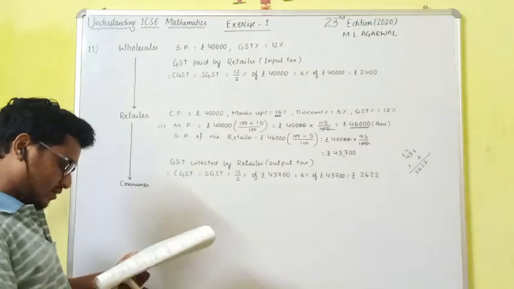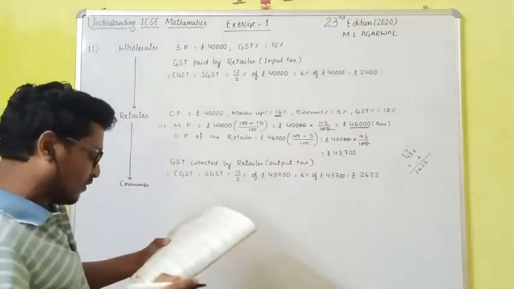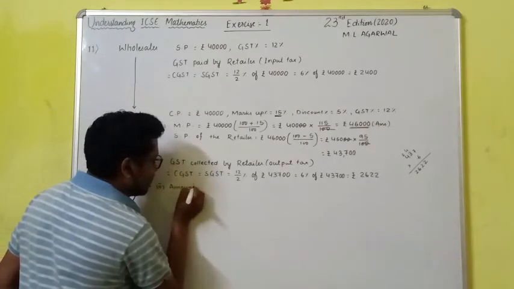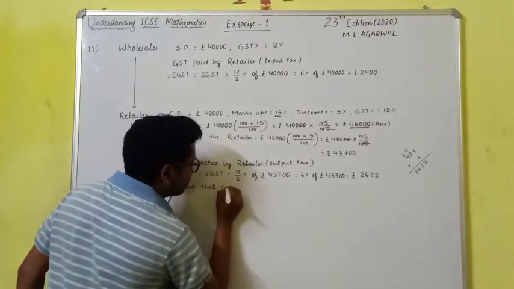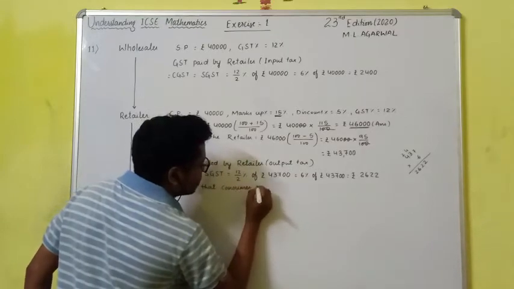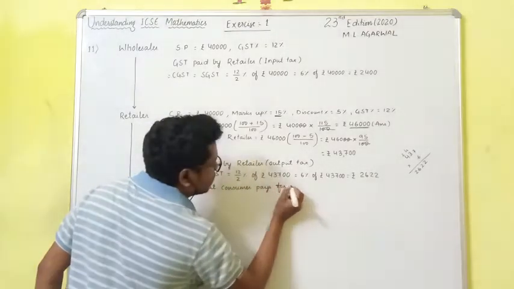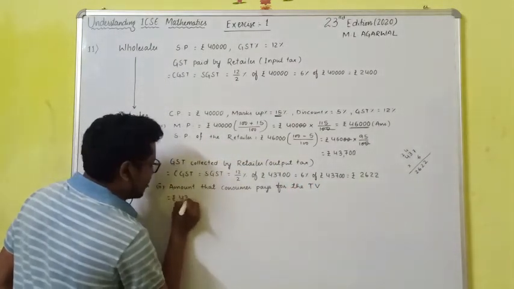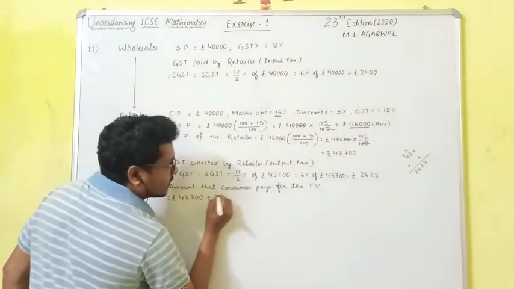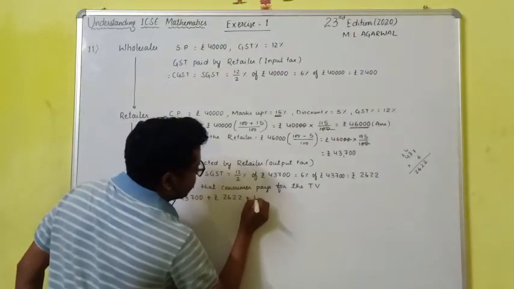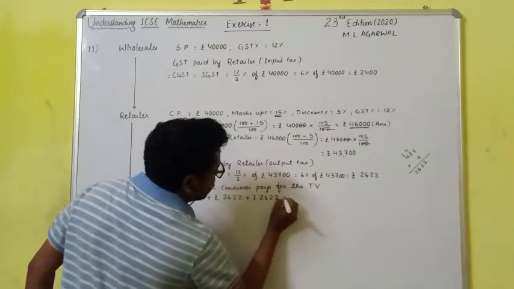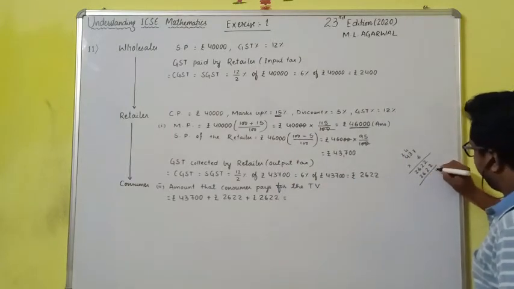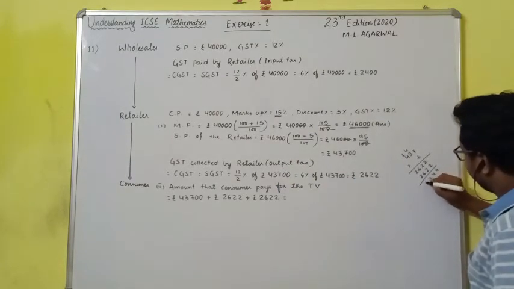And then the first one is the amount which the consumer pays for the TV. Amount that the consumer pays for the TV is equal to rupees 43,700 plus rupees 2622 plus rupees 2622.